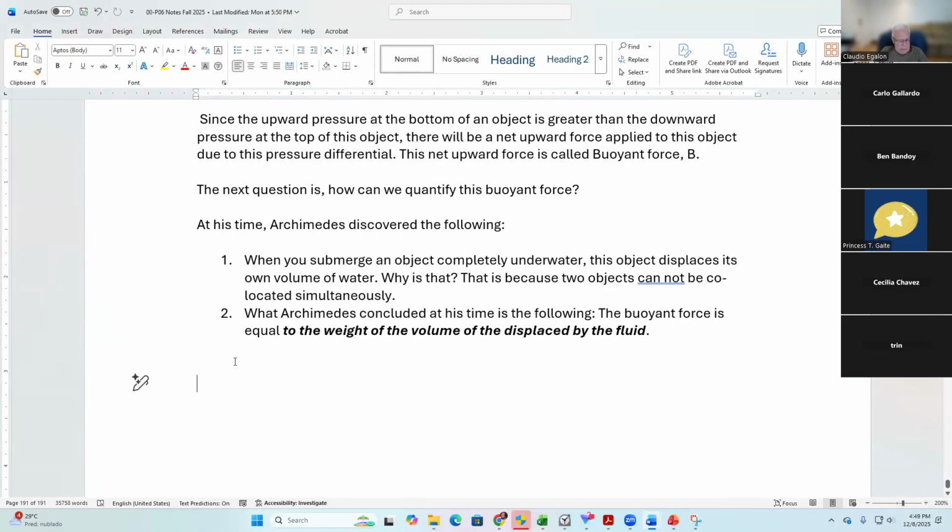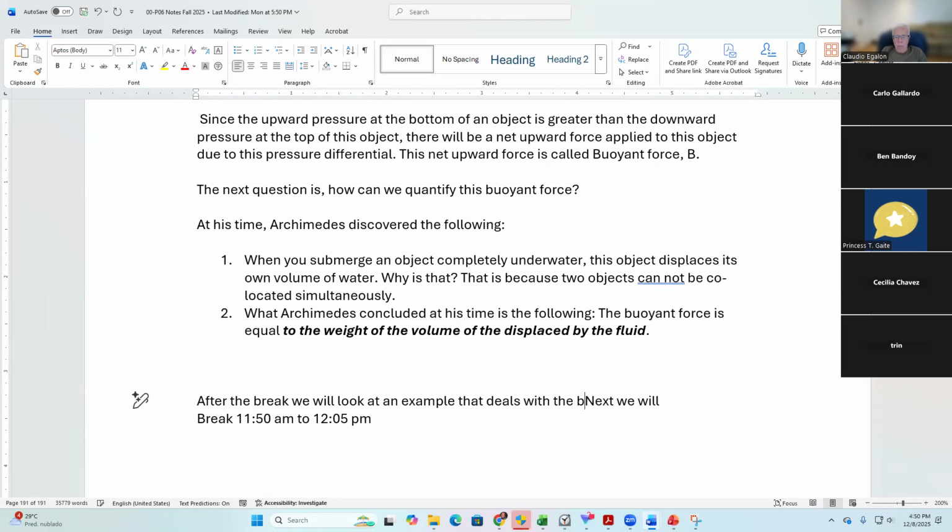Break, 11:50 a.m. to 12:05 p.m. Okay, after the break, we will look at an example that deals with the buoyant force.